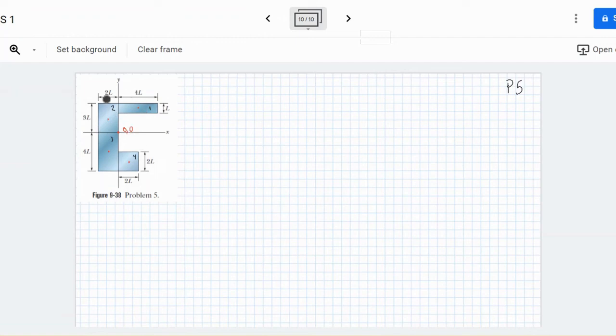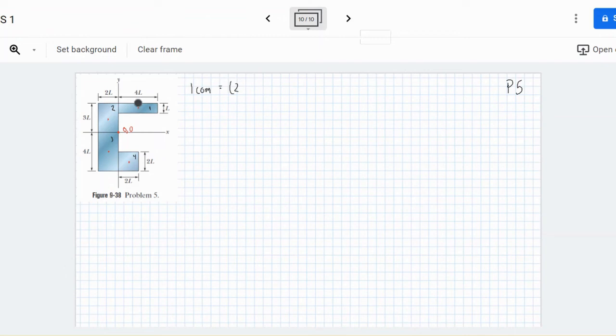Let's figure out where the centers of masses of each of these plates are. So, 1 center of mass. Well, we're going to do it in terms of L. So, if this is 0, 0, and this is 4L, we know it's 2L. I'm going to leave the L's off. So it's 2 over, and how many tall?